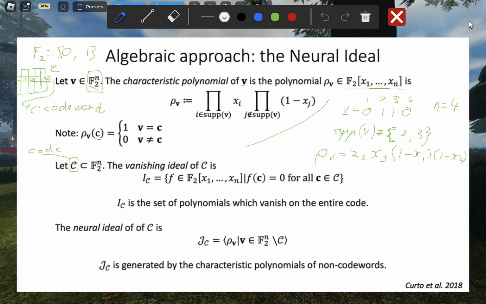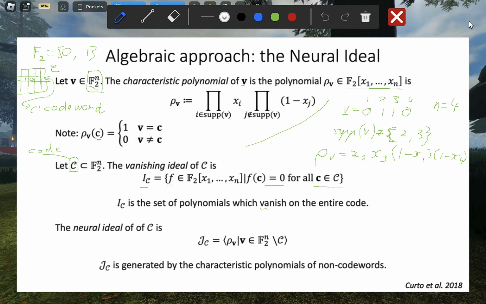And then you can create something called the vanishing ideal. The vanishing ideal is defined like this. So f is some polynomial where it will be 0 for all the code.